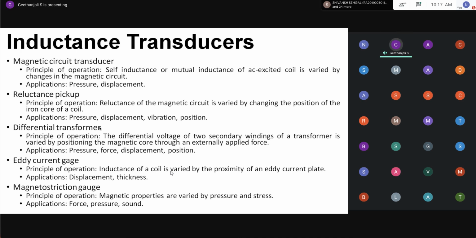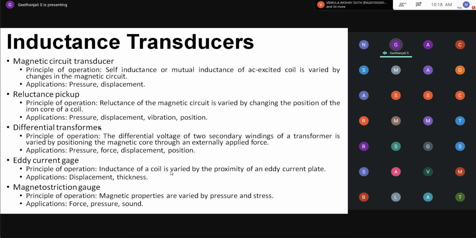Then the second category is the reluctance pickup. Here the principle of operation is that reluctance of the magnetic circuit is varied by changing the position of the iron core of a coil. We can apply this reluctance pickup for pressure measurement, displacement, vibration and position.